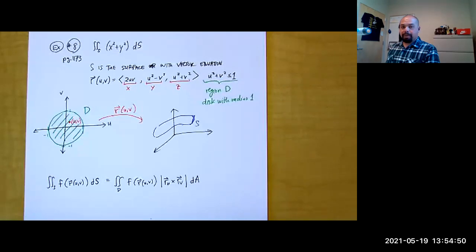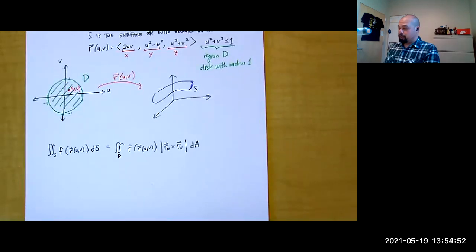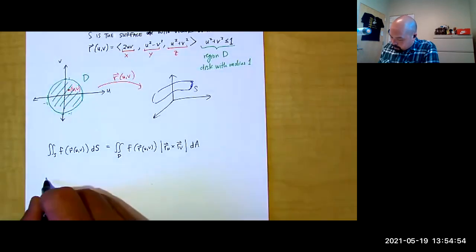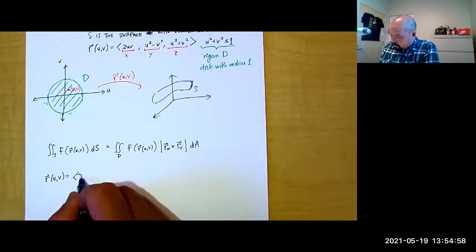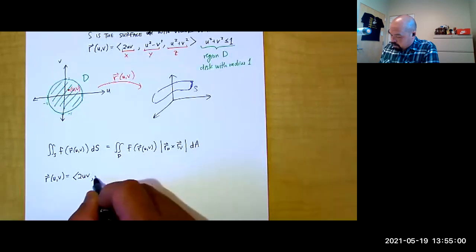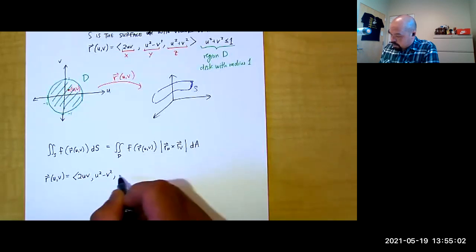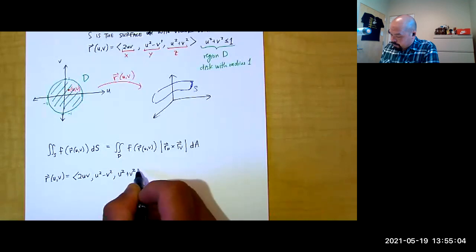So let's start to put this together. First up, r of uv is 2uv, u squared minus v squared, u squared plus v squared.